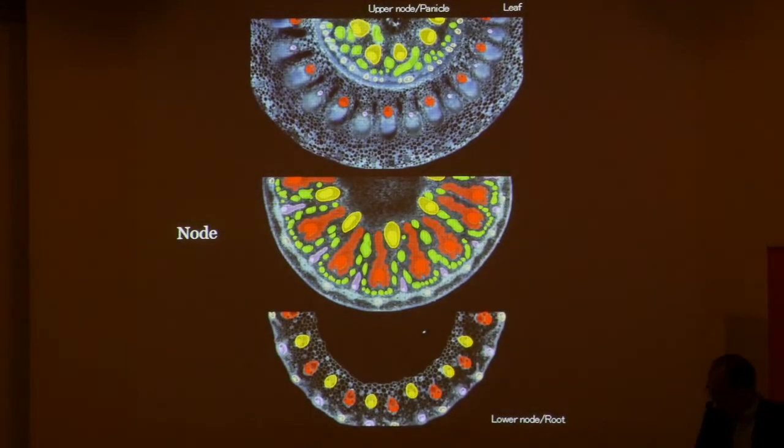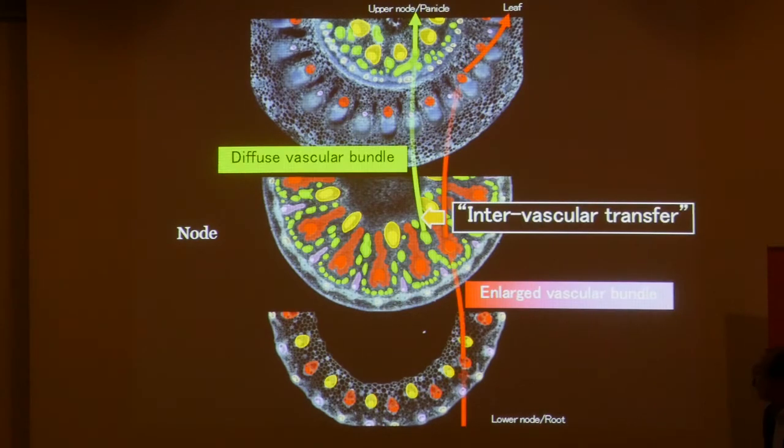So minerals including silicon must be transferred from enlarged vascular bundle to diffuse vascular bundle to provide silicon to the young tissue and the panicles. Okay? So this process is called intervascular transfer.